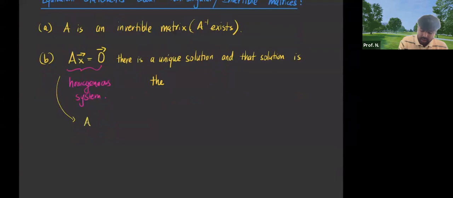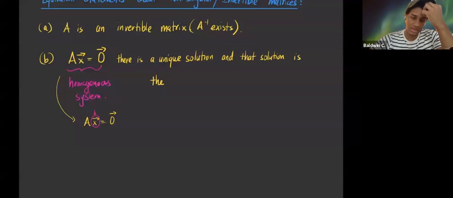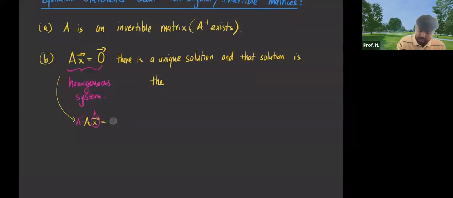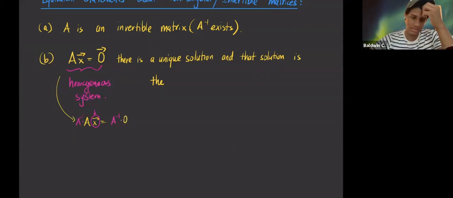Look at this: AX equals 0. I want to find X. That's the goal usually. So what do I have to do? I have to get rid of that A next to it. How do I do that? A inverse. It exists, doesn't it? So that means I can multiply both sides by it. If I do that, what happens?